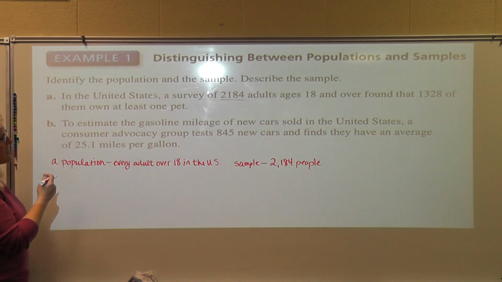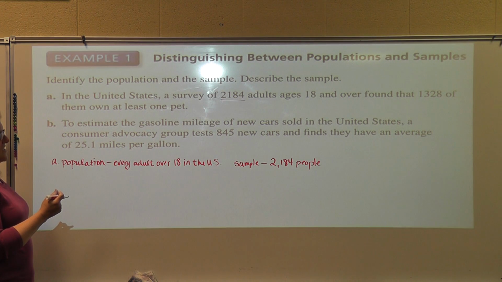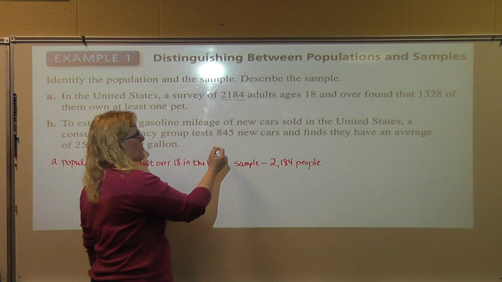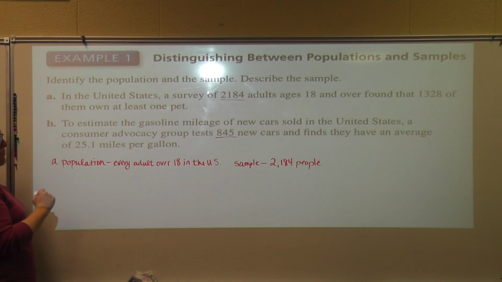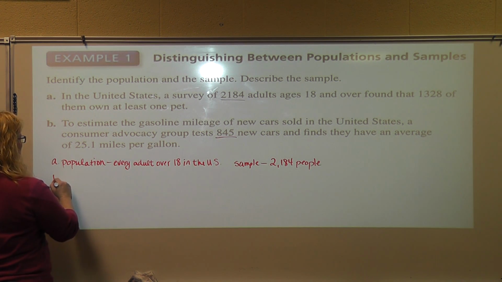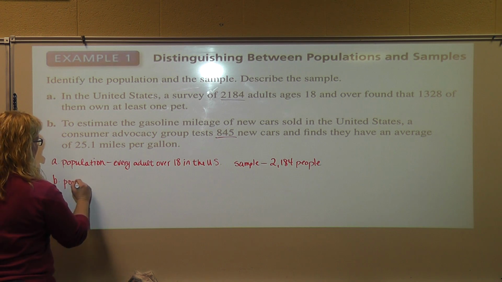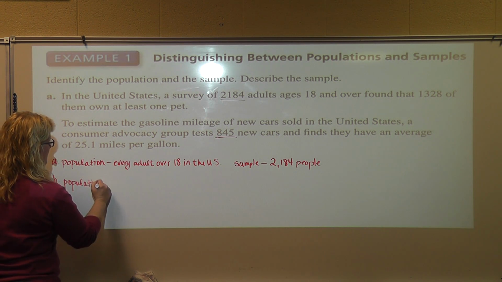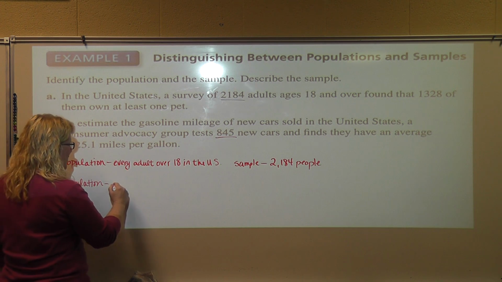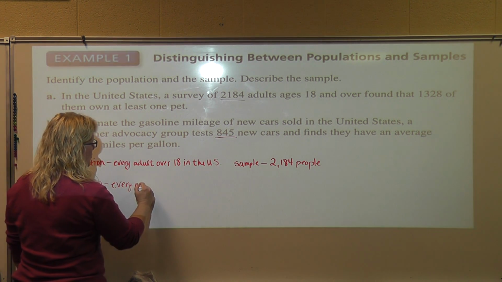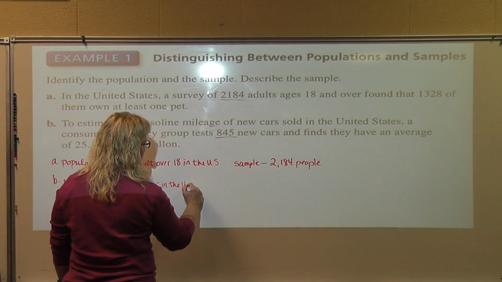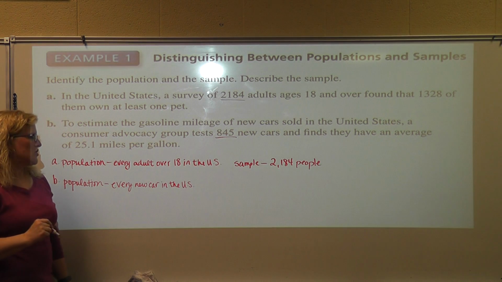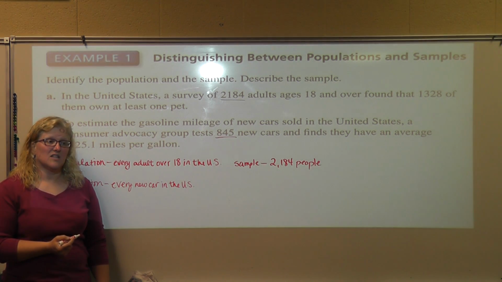Okay, B, to estimate the gasoline mileage of new cars sold in the U.S., a consumer advocacy group tests 845 new cars and finds they have an average of 25.1 miles per gallon. Okay, so population here. What is it that we're testing? This is every new car in the U.S. Okay, could that be done?